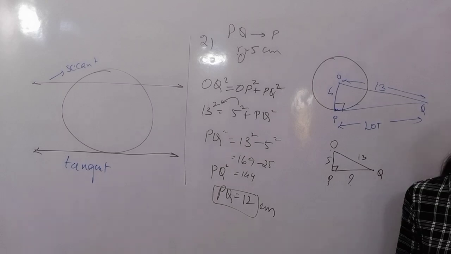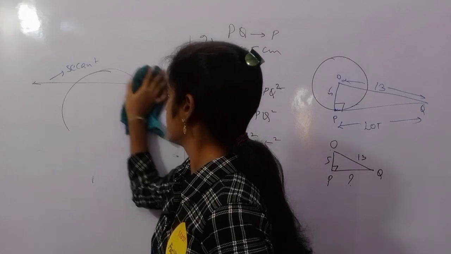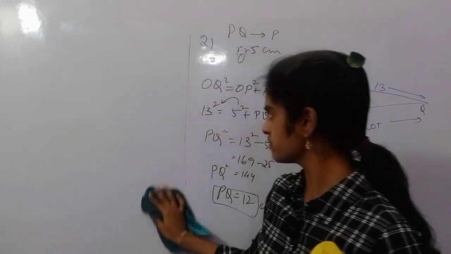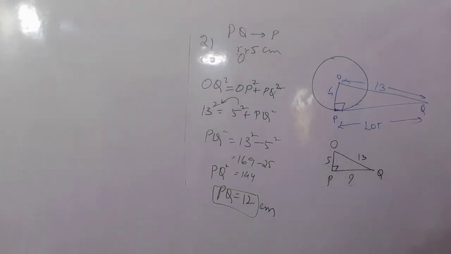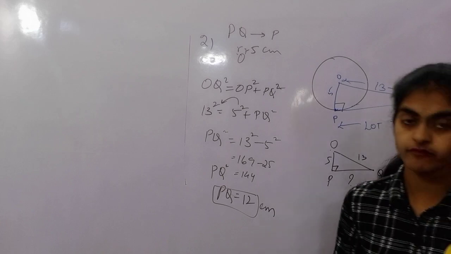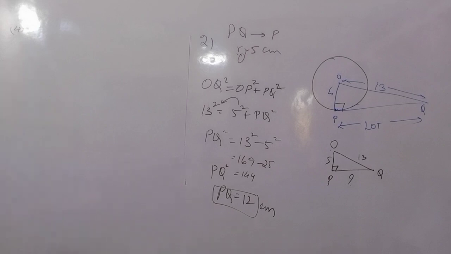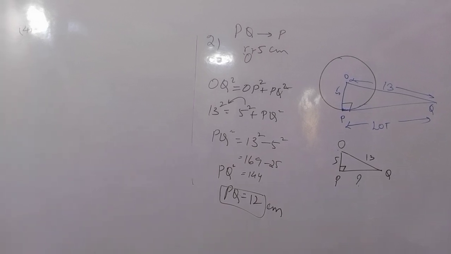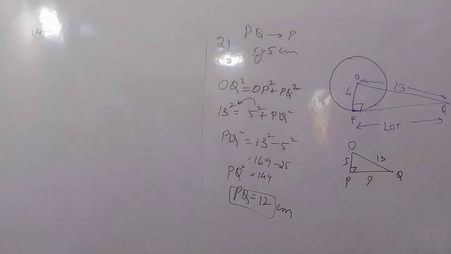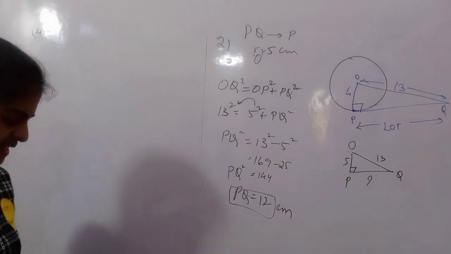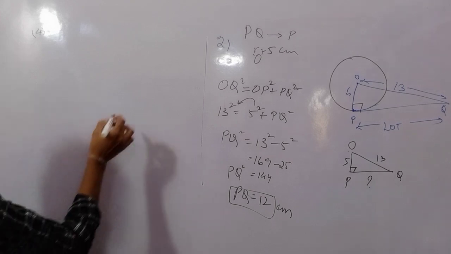of tangent from a point 15 centimeter away. So have a look at question number 4. Calculate the length of tangent from a point 15 centimeter away from the center of a circle of radius 9.